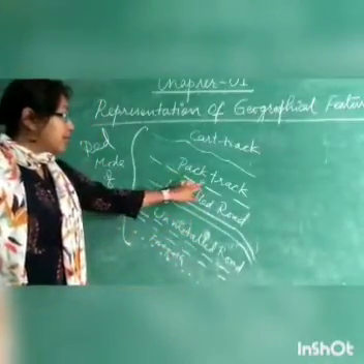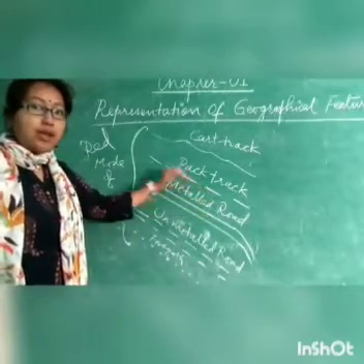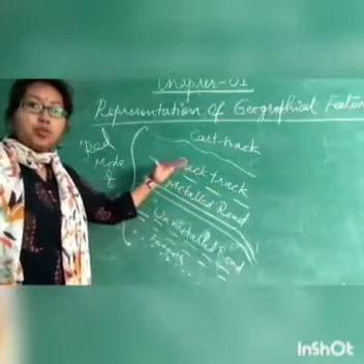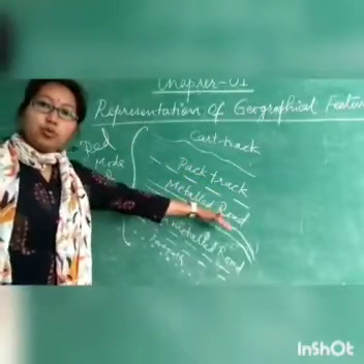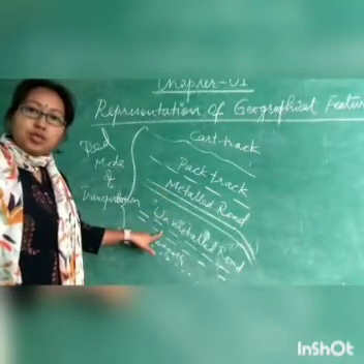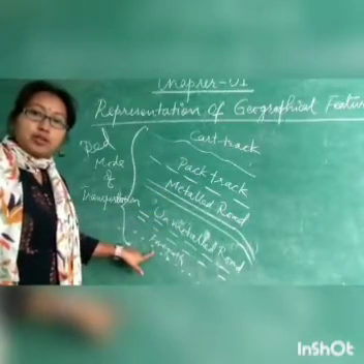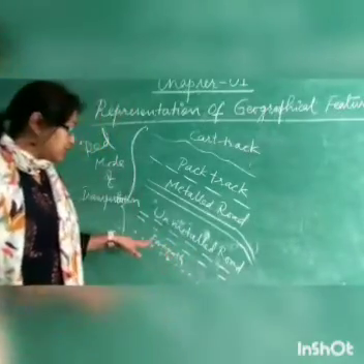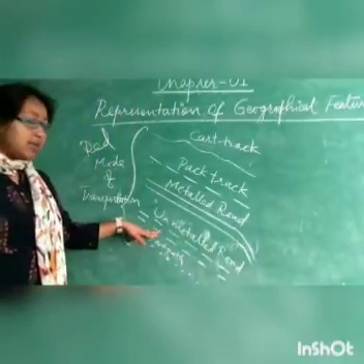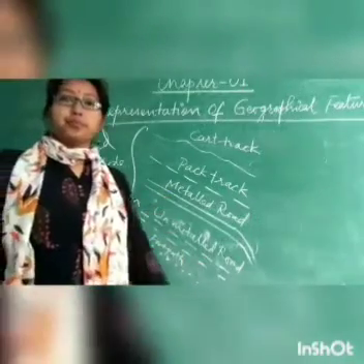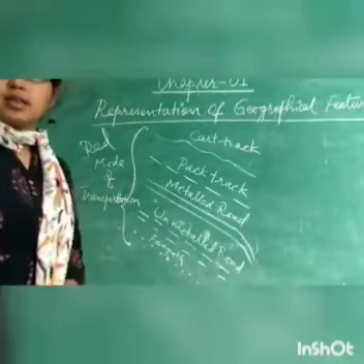So that's the track where a pack of animals can easily move. Metalled road, unmetalled road, footpath. On a footpath, people can go by walking.